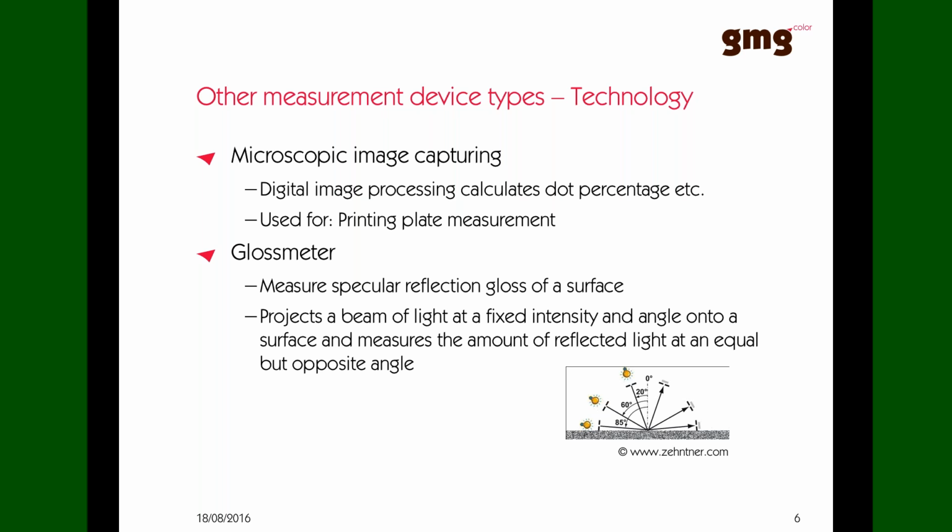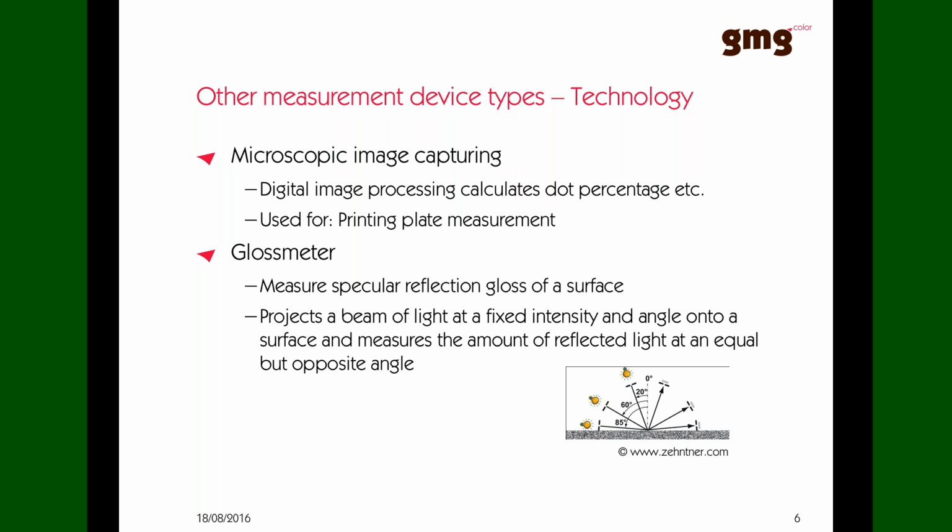And then there are also gloss meters. A gloss meter measures basically the reflection of a surface. So you have a defined beam of light at a fixed intensity and at a fixed angle, and you're projecting this one onto your surface, and at the opposite angle you have your sensor that measures the light beam.